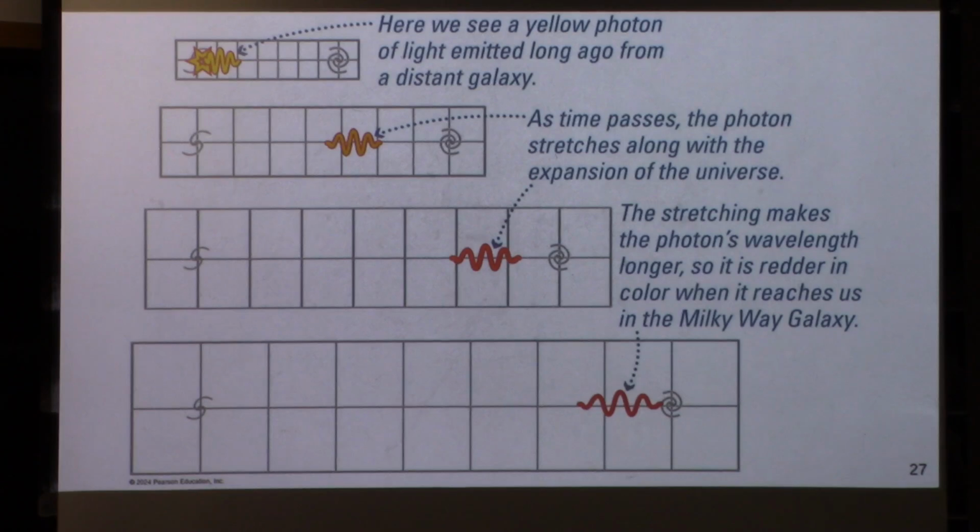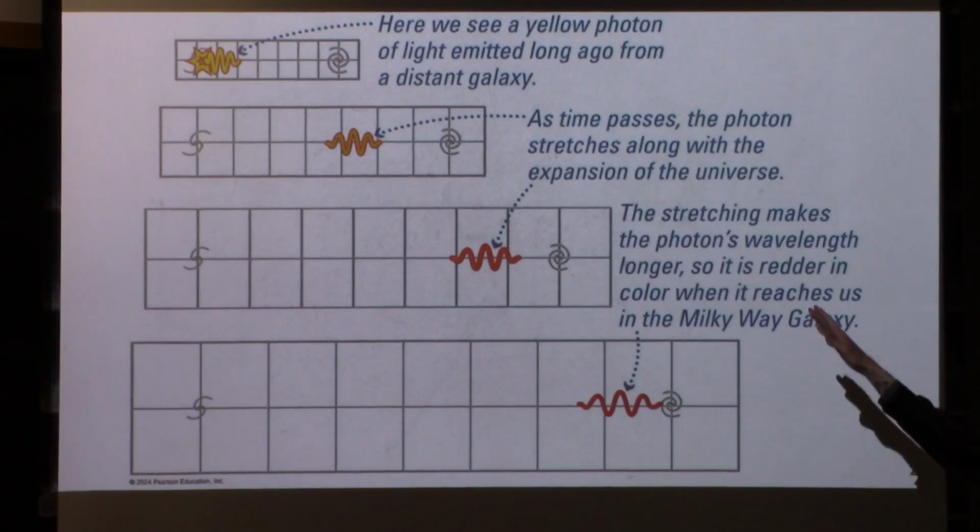And so the reason we see more redshift is because during its flight to us, there's been a longer time over which the photon's wavelength has been stretching. And so we see greater redshift for more distant galaxies, simply because the photons travel along getting redshifted for a longer amount of time.